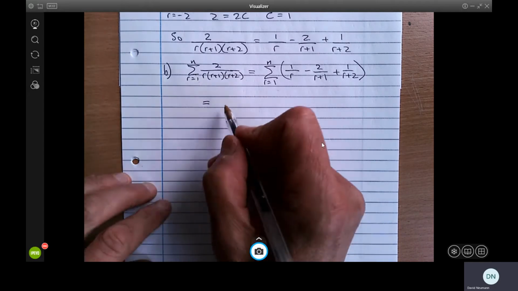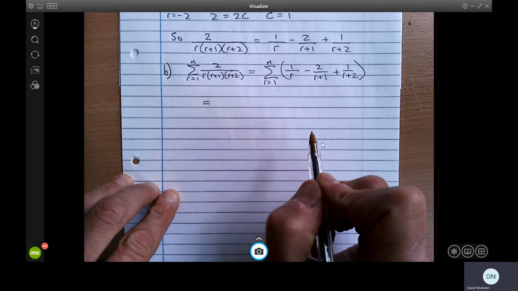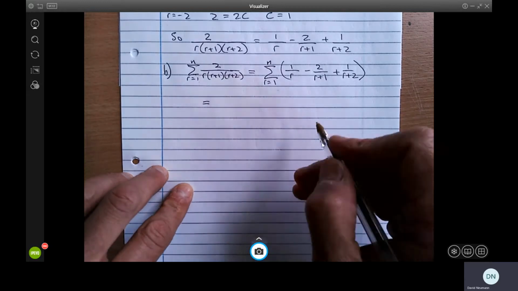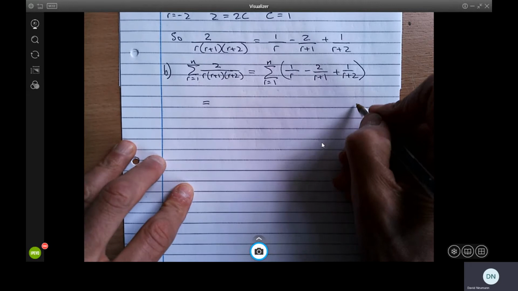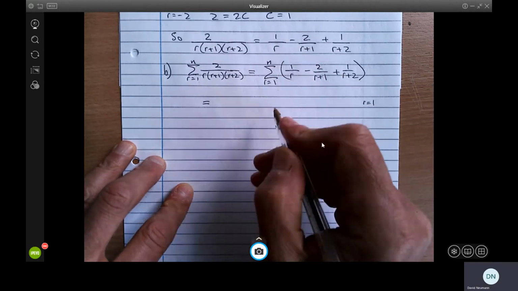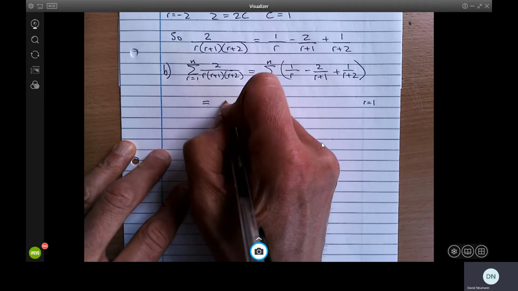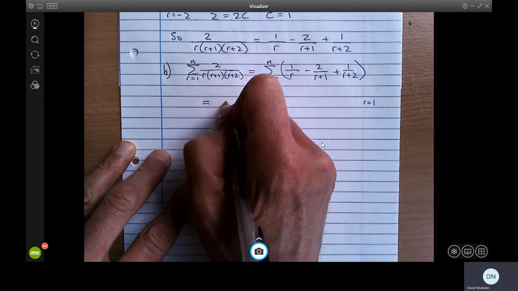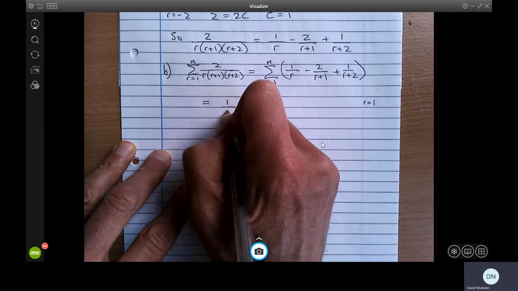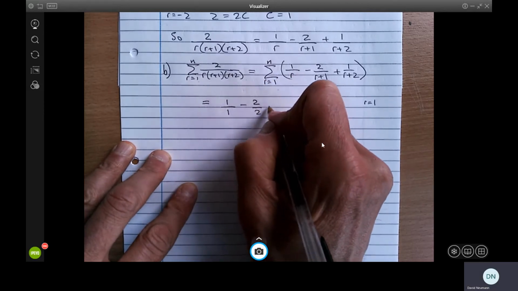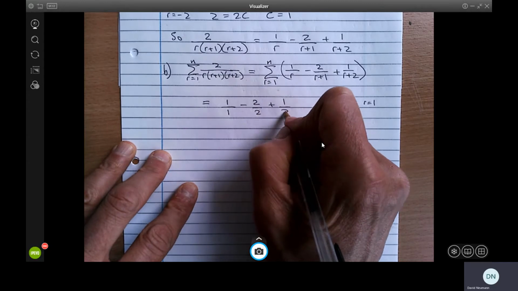Again, I'm going to do it with each term on a separate line, so it's a little bit clearer what's going on. So let's start with r equals 1. And I'm also going to write out the whole fraction, I think, just so it's clear what's going on. So 1 over 1 minus 2 over 2 plus 1 over 3.